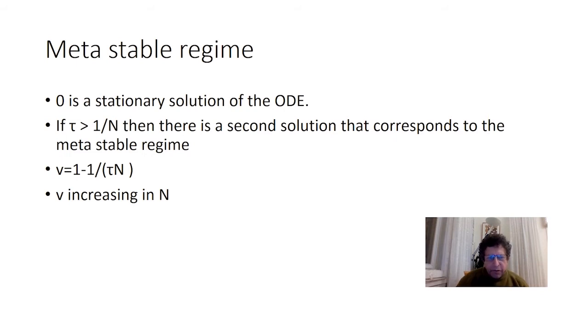Now, for tau greater than 1 over n, there is a second solution that corresponds to a metastable regime. So this is a regime that is almost stationary, and during a long time it behaves like being stationary. And in this regime, the probability of a node being infected is 1 minus 1 over tau n. And v is seen to be increasing in n.